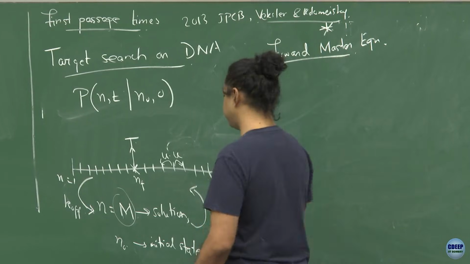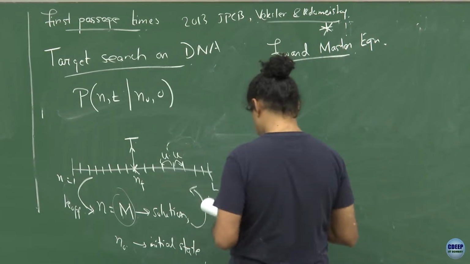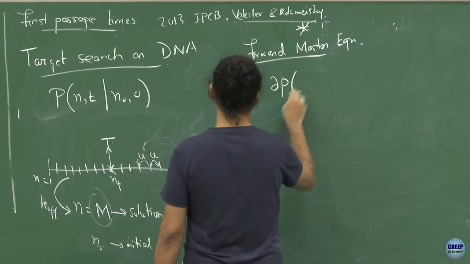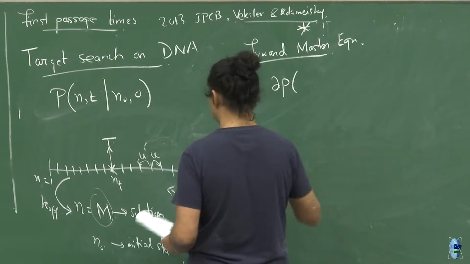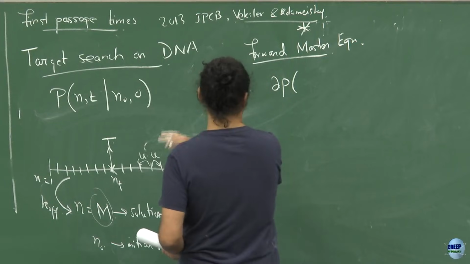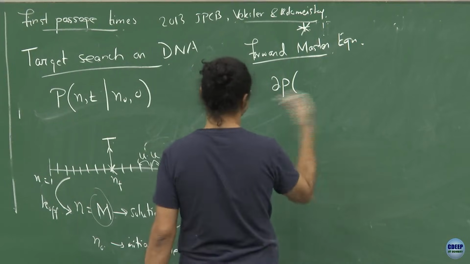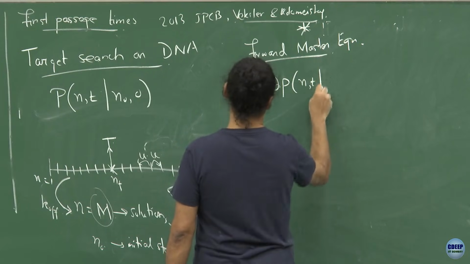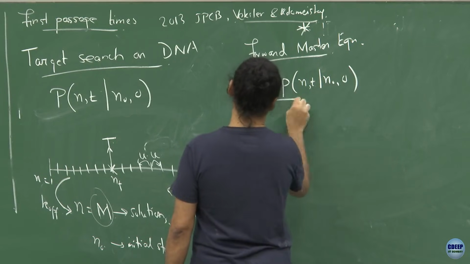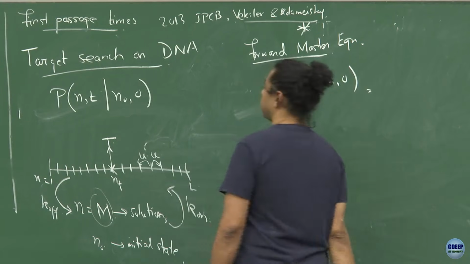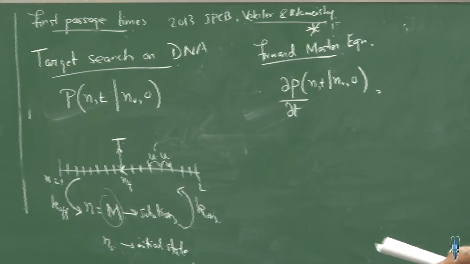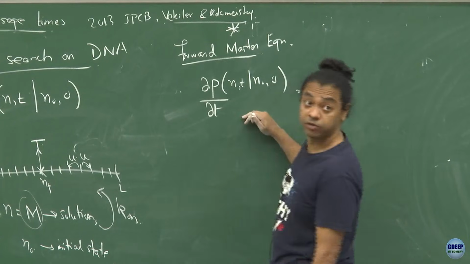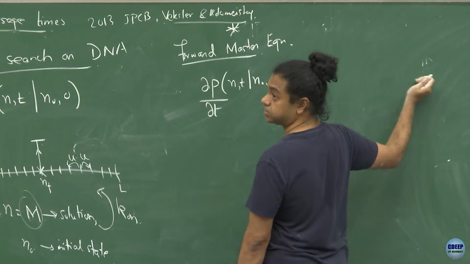This is a discrete problem in that my space is discrete, so instead of writing down the Fokker-Planck, I'll write down the discrete master equation. del P of n, t given n naught, 0, del t. Remember, when I write down the forward master equation, it's gain terms minus loss terms.